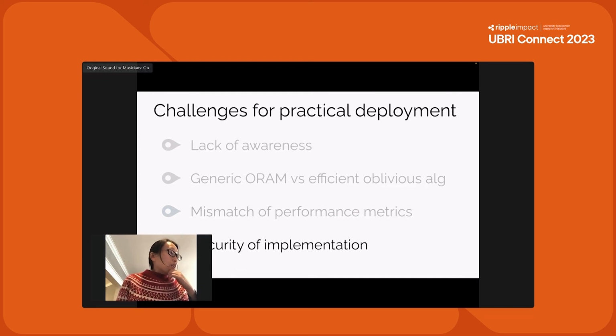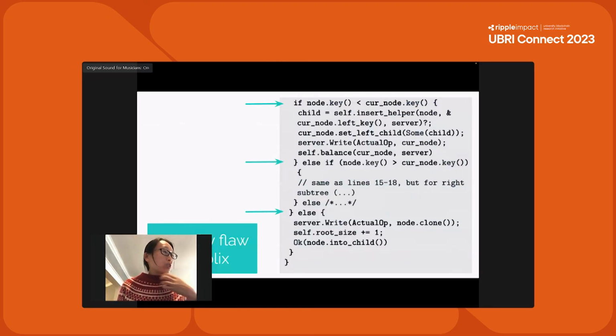There are other challenges, like how do you verify your implementation is actually secure? For instance, we looked at an existing Oblivious map implementation from a Berkeley group, and we realized it doesn't actually give the promised security, because the code has secret branching behavior, and inside the different branches the memory traces are different.